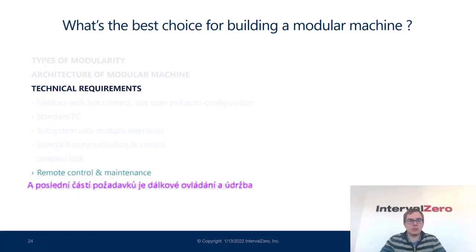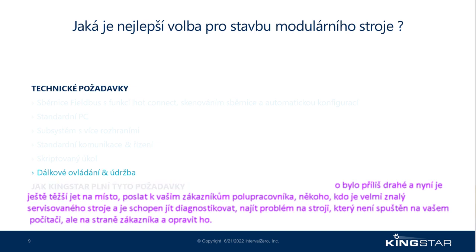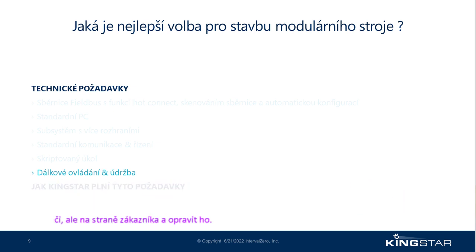And the last piece is remote control and maintenance. It used to be too expensive, and now it is even harder to go on site to your customers and send somebody who is very knowledgeable of the machine, is able to go do diagnosis, find the issue on a machine that is not running at your customer site and fix it.